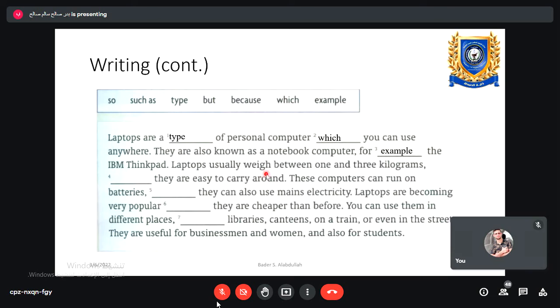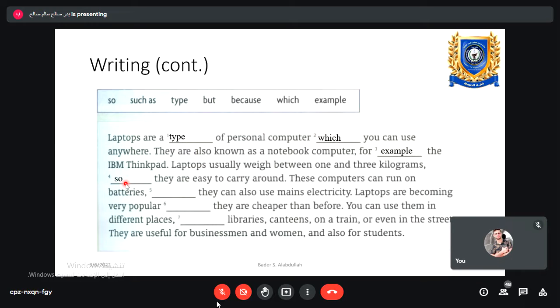Laptops usually weigh between 1 and 3 kilograms. Blank, they are easy to carry around. So they are easy to carry around. And if you remember from last week, when we talked about conjunctions or words that are used to link two sentences, we said we use so to link cause and result, reason and effect.